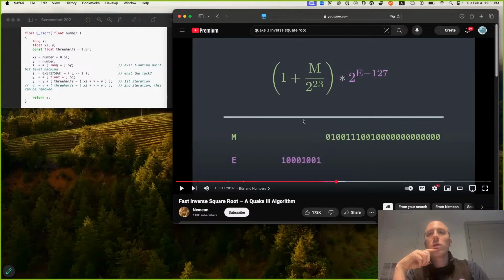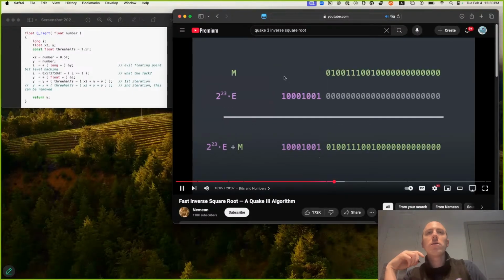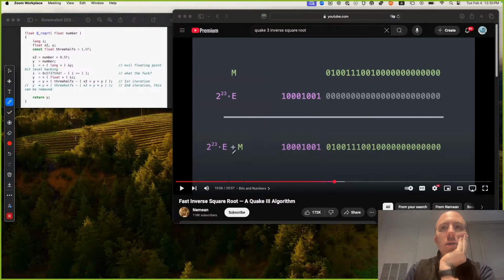We get the actual number behind the bits. There are two things. This is given the exponent and the mantissa. Given the exponent and the mantissa, you do this to get the float bit representation.